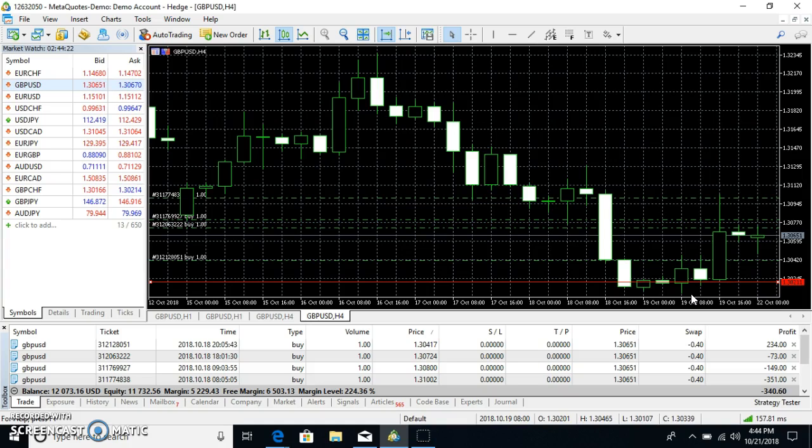And you never know, the swings are so big because as you see, it came down and swung back up. So the top of this is around 1.3090, 1.3100, and you see that was like 1.3100.